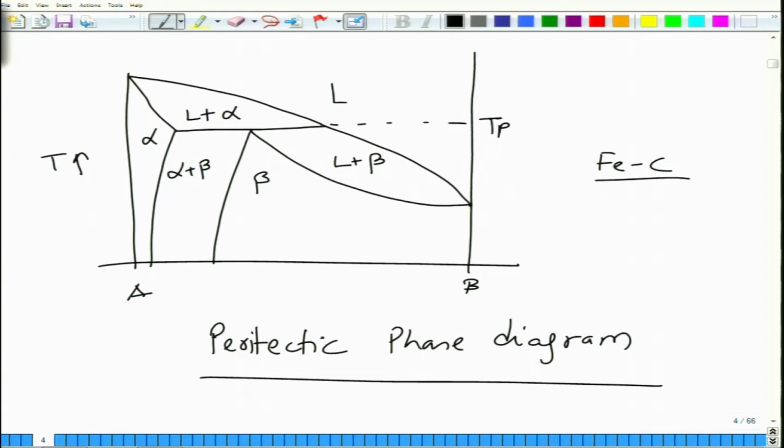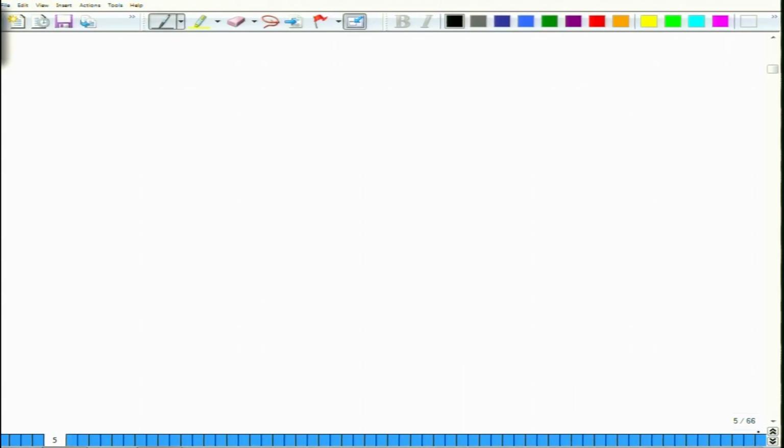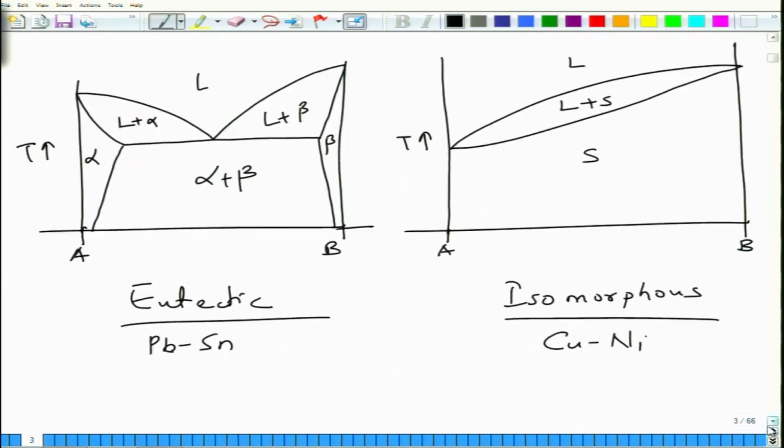We will see some examples later on of these common alloy systems which show various kinds of phase diagrams. In two of these cases at least, we see that the liquid has a minimum melting point which is lower than the melting point of A or of B, and in this case this is called the eutectic temperature.